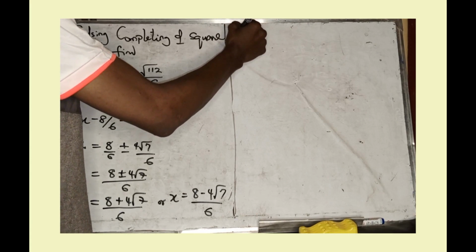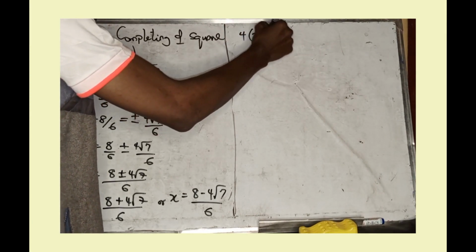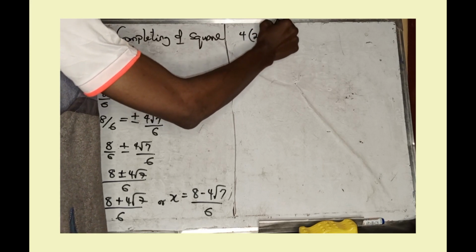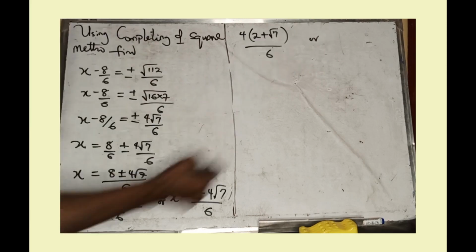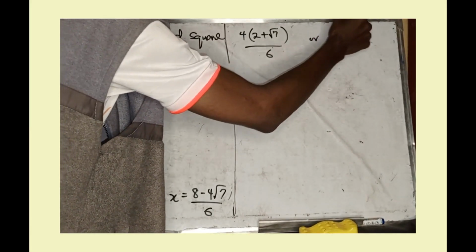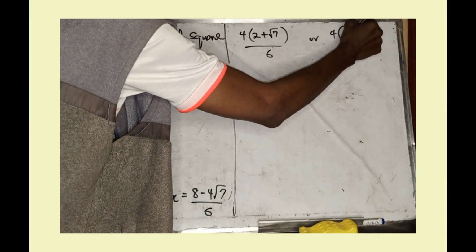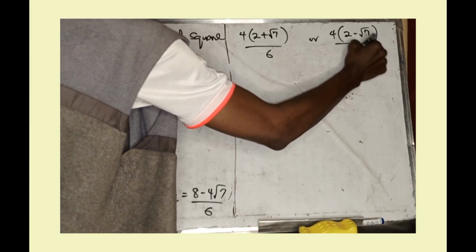So I would have 4, then in brackets 2 plus root of 7, then divided by 6. The same thing applies here too, 4 can be factored out. I have 4, then 2 minus root of 7, then all over 6.